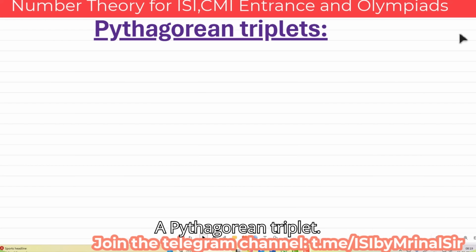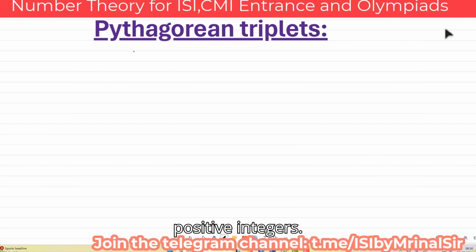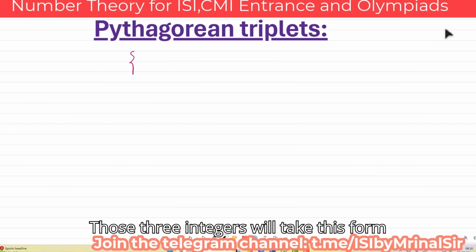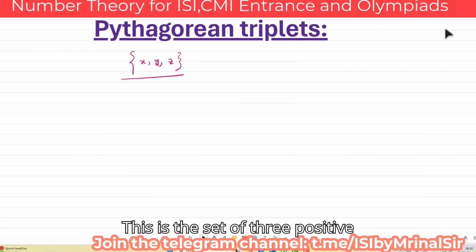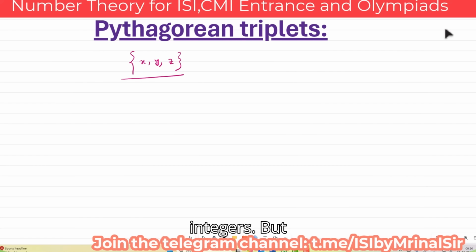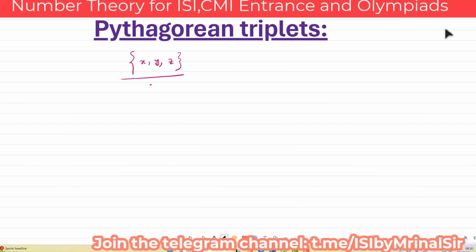A Pythagorean triplet is going to be a set of three positive integers. Those three integers will take the form x, y and z. This is the set of three positive integers, but here we will be writing this in the form of an ordered triplet.